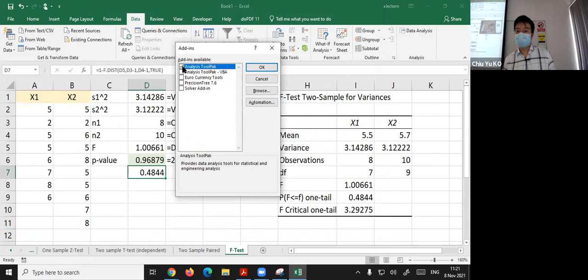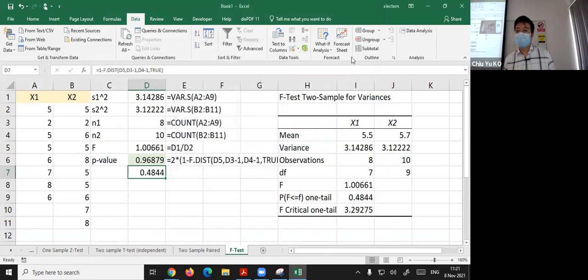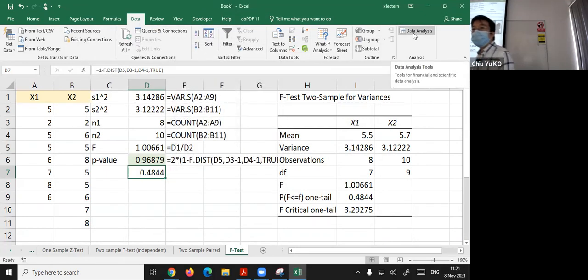If no tick, then tick it, make sure they're ticked here, and OK, they appear. I think we covered this in the very first class. But if you have done it on your computer, then you don't have to do it every time. Please only do it if you haven't done it. If your computer already has this on, you don't have to worry about it.